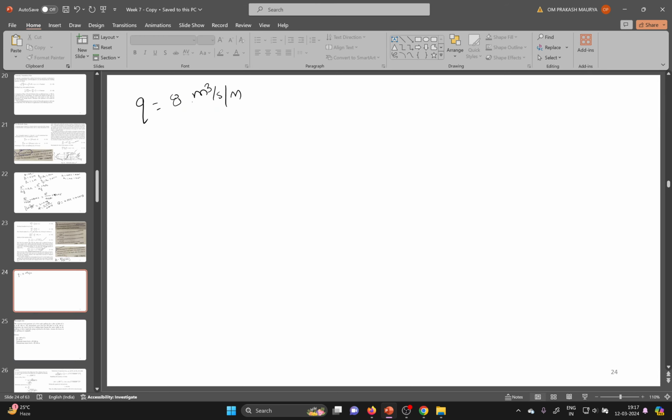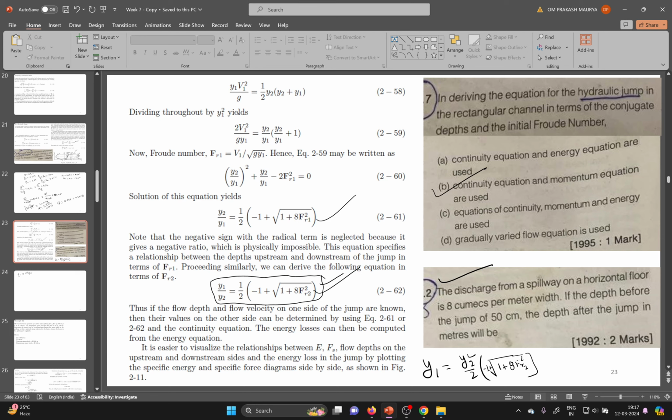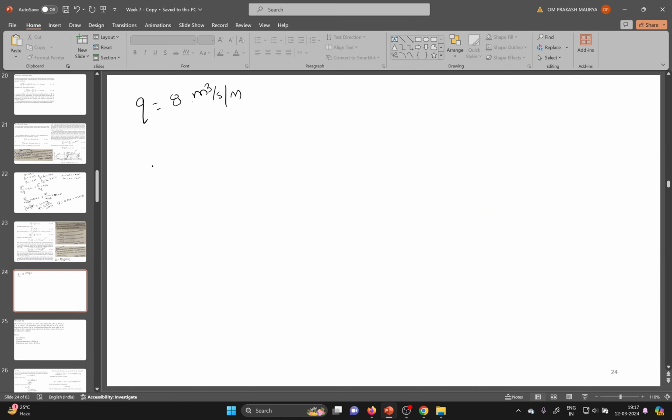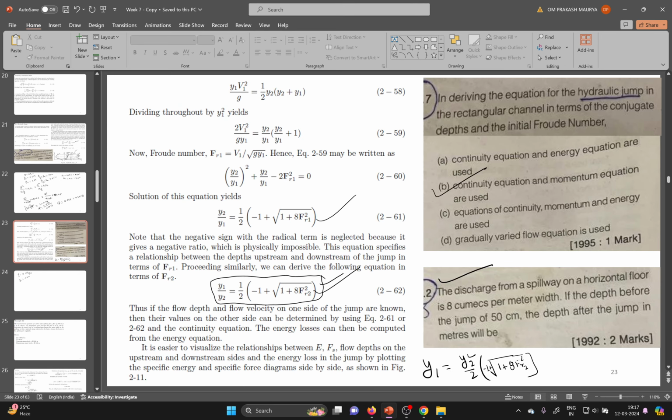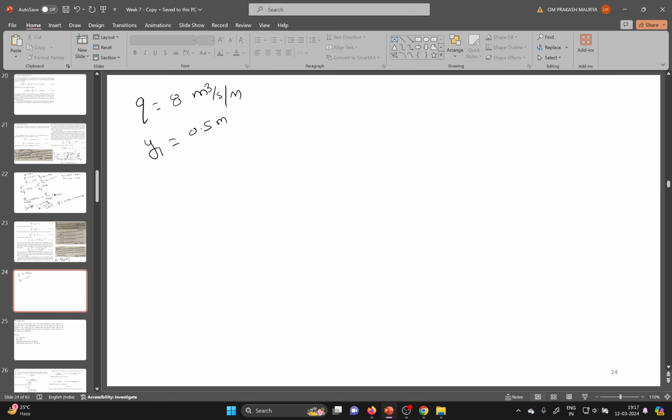And if the depth before the jump is 50 centimeter, that is your y1, 0.5 meter. The depth after the jump in meter: here you need to calculate your y2.